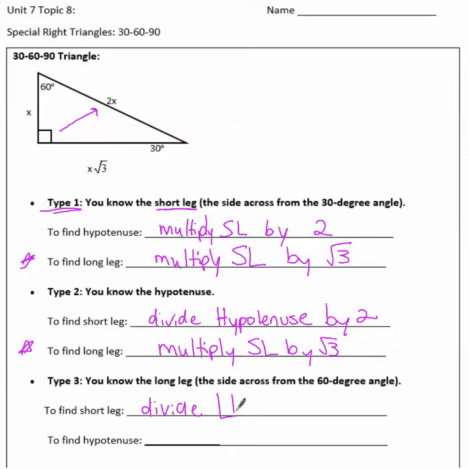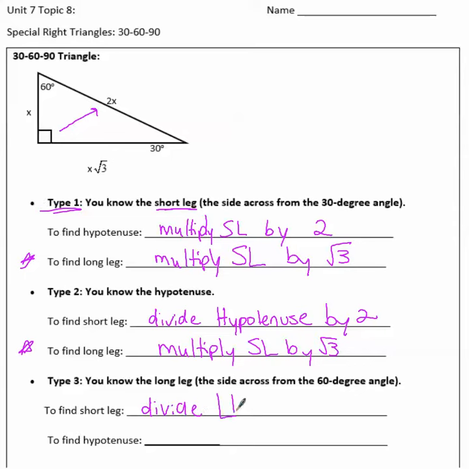Then to find the hypotenuse, just like we did up here, multiply the short leg by 2. The short leg is key here because from the short leg we can go to the long leg or hypotenuse. Either you've been given the short leg or your first step is to find the short leg. Let's take a look at a couple examples.